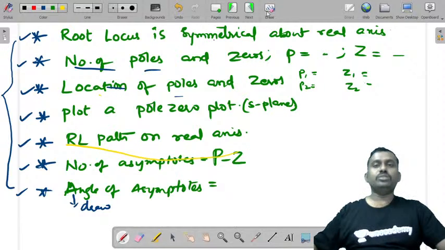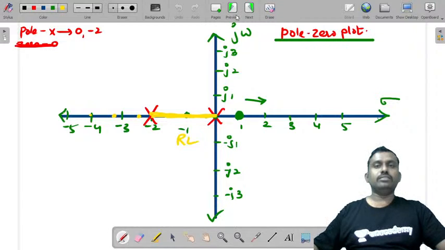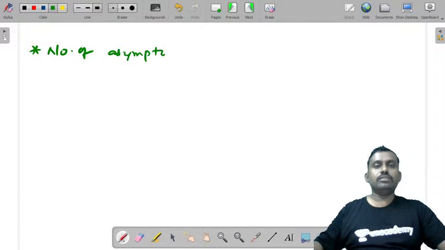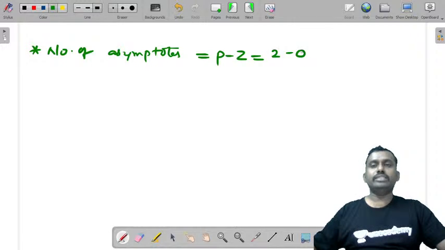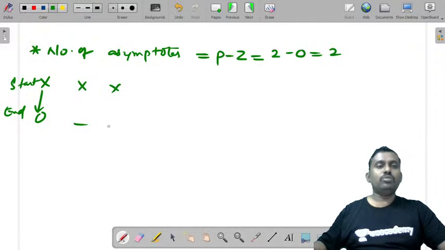The number of asymptotes. Now, how do you find the number of asymptotes? The number of asymptotes is p minus z. What is the p value? 2, and z is 0. As I told you, every root locus path will start at a pole and end at a zero. So we have two poles and there are no zeros.